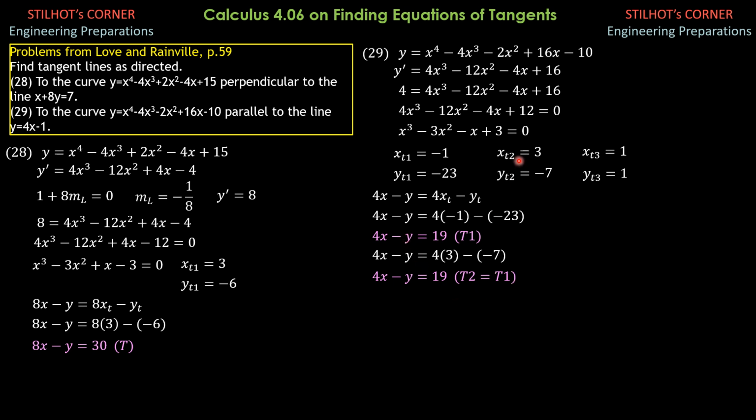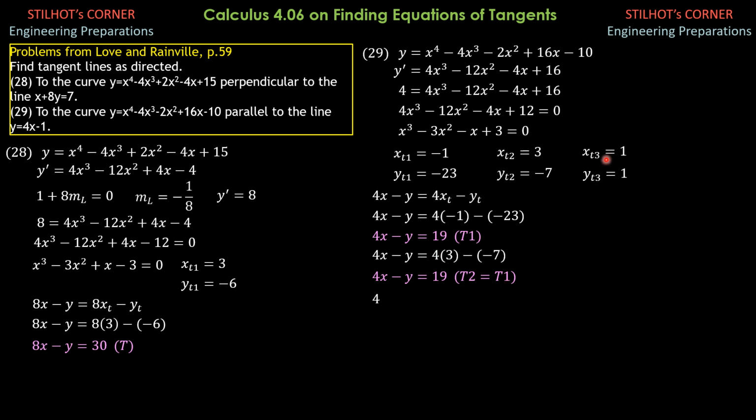Although we have different points of tangency, these lines are coincidental. So 4x minus y equals 19 is a tangent that occurs twice. So that's why tangent 2 equals tangent 1.